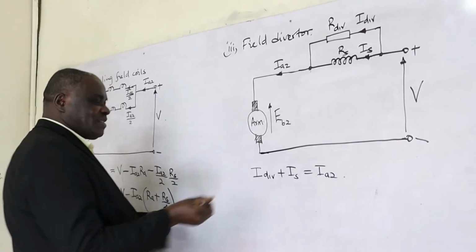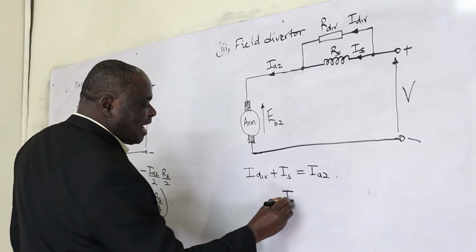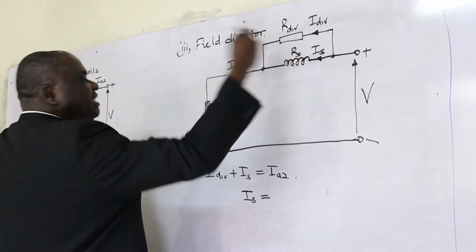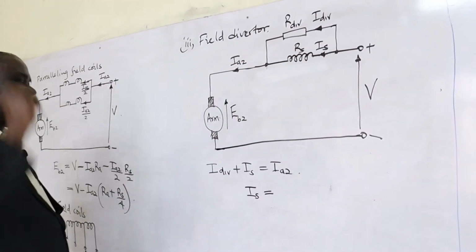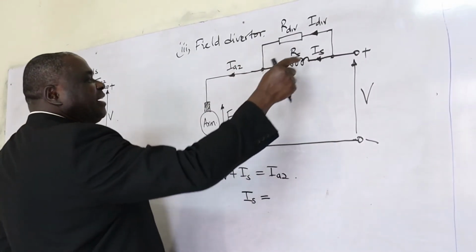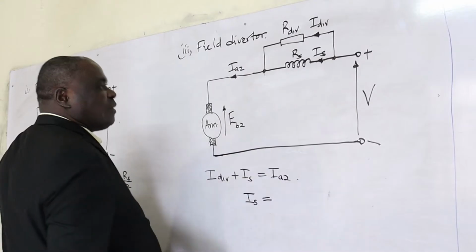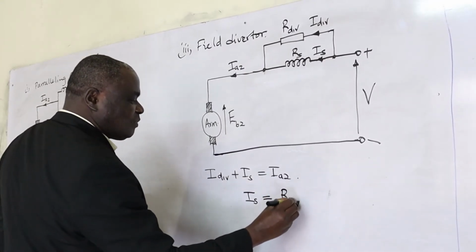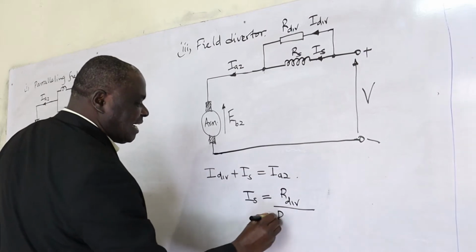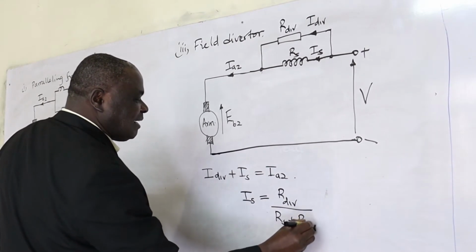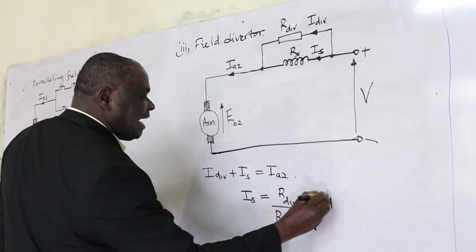IS can be found by analyzing this current using the current divider rule. So when we use the current divider rule, IS will be equal to RD over RS plus RD, multiplying IA2.